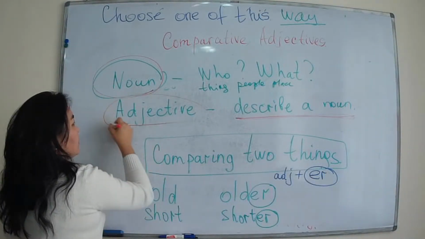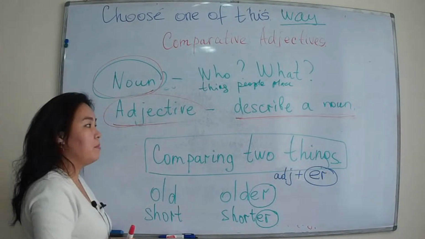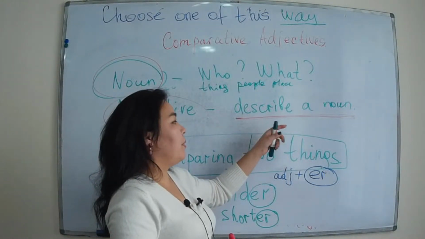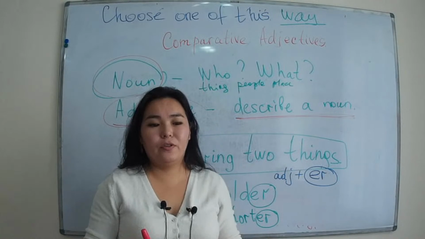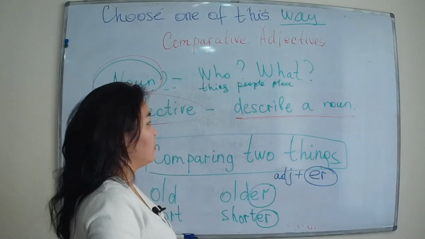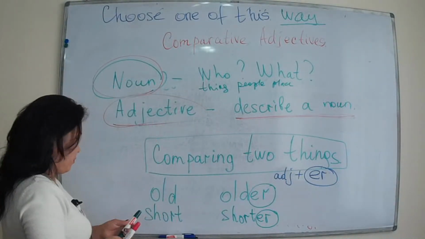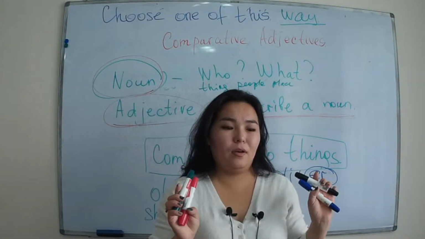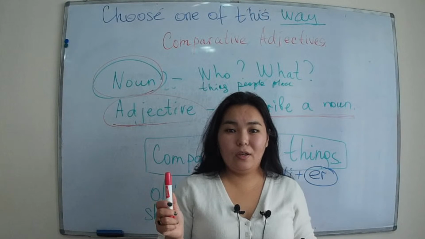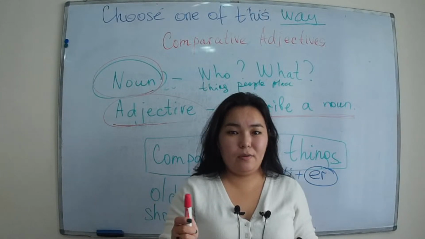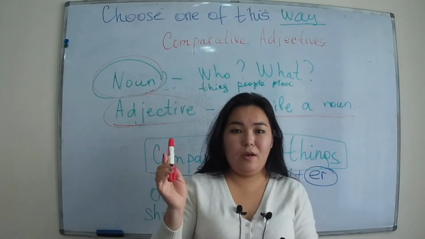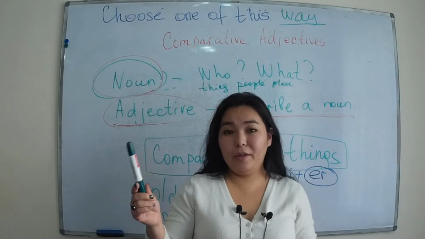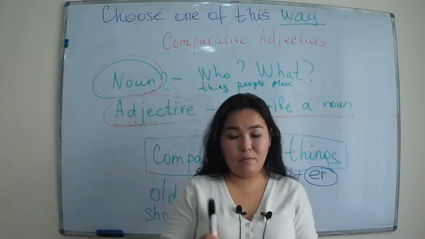Adjectives in English help us to describe a noun in different times, in different places, and so on. So, I have four markers in my hand. This is a noun. It is red. Big marker. Green marker, for example. Black marker, as you see.